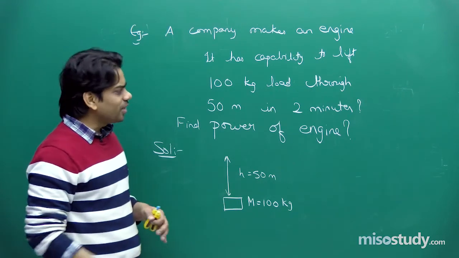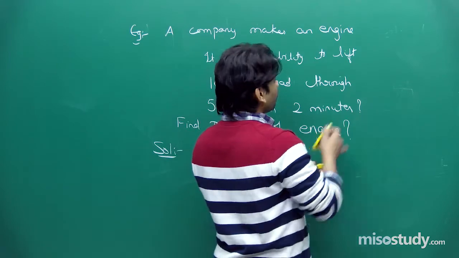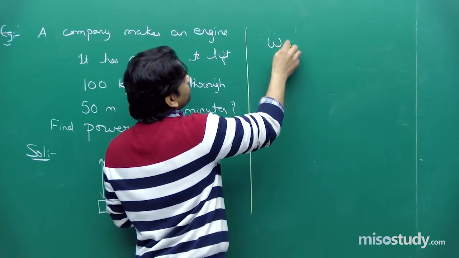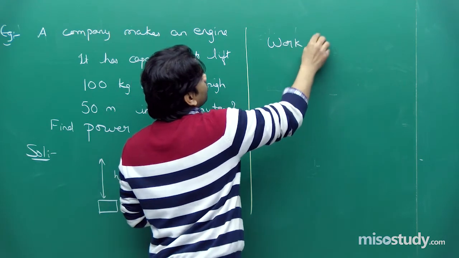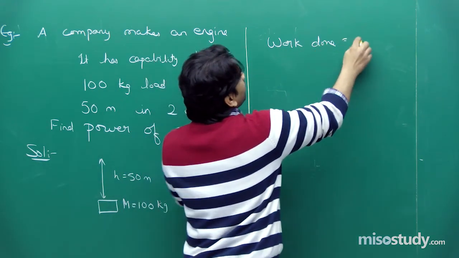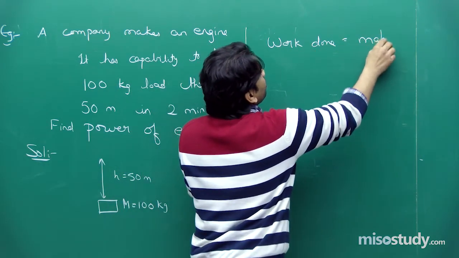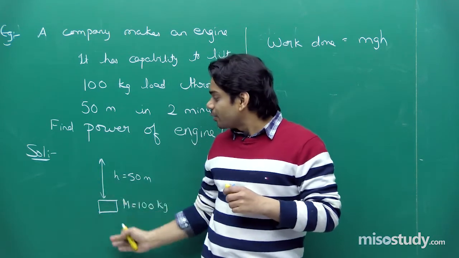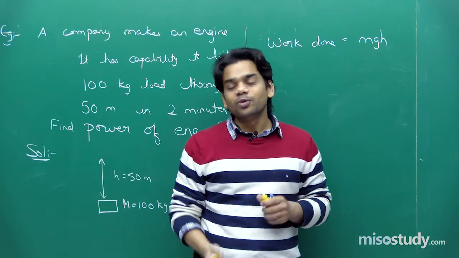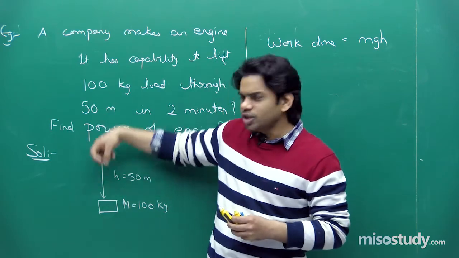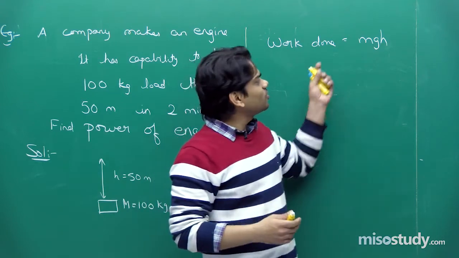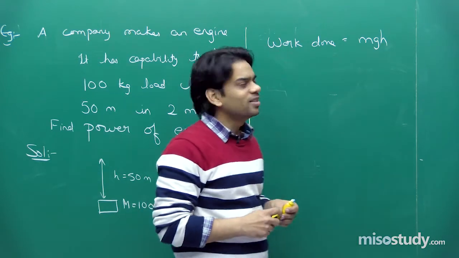Let us evaluate the amount of work done as it lifts the block. So work done will come out to be mgh, because the work it does is against the gravitational pull. It has to apply a force mg in the upward direction and pull it through height h. This will be the value of the work done by the engine.